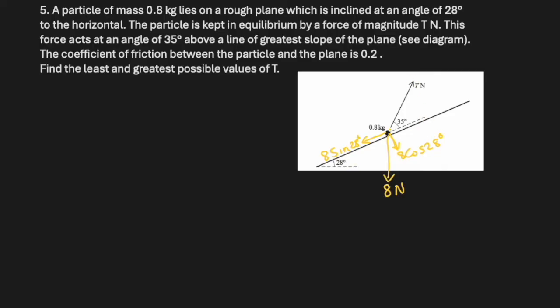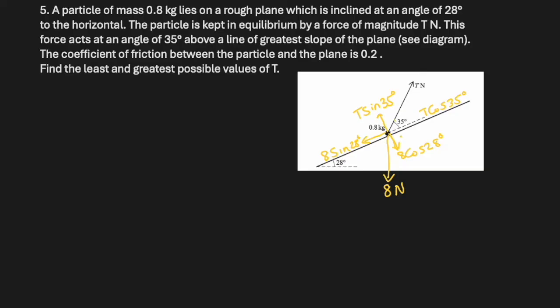The T will also have a component in this direction. We should always do that because that is the surface of motion. So in this direction there should be a component of this force. This is T, because the angle is here, so it will be cos 35 degrees in this direction. So there will be a component in this direction also, which will be T sine 35 degrees.